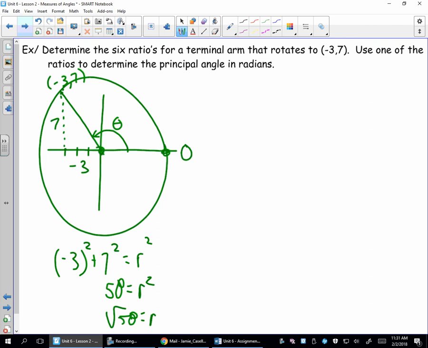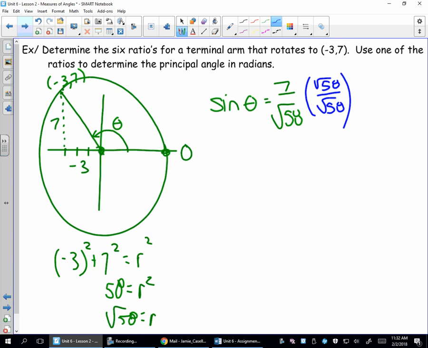Okay, what are our ratios? So our regular ratios, our primary ones, are sine of our angle, y over r, 7 over root 58. And you might remember we have to rationalize when we have root signs on the bottom. So we multiply by the root we want to get rid of. And that will give us 7 root 58 over 58.